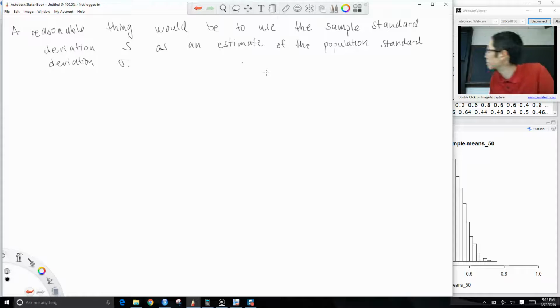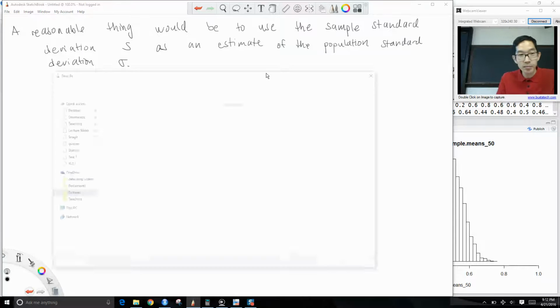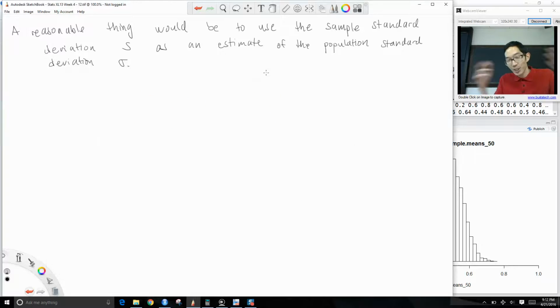Okay. And if you read up on the history of statistics, this is what people did, okay? But then people started running into problems because they were not using the actual population standard deviation sigma, and they were using S instead.